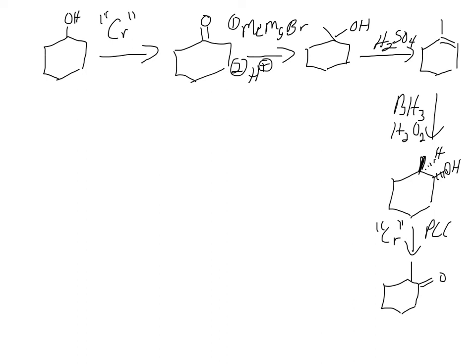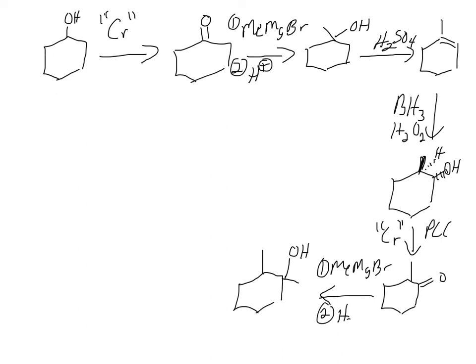All right, now they're saying, well, what if we want you to turn that into this? What are you going to need to do? Grignard again. What kind of Grignard? Methyl Grignard again. So that's one. And then we need to add water at the end, or H plus, to make the alcohol, right? Because we have an O minus, we need to protonate it.